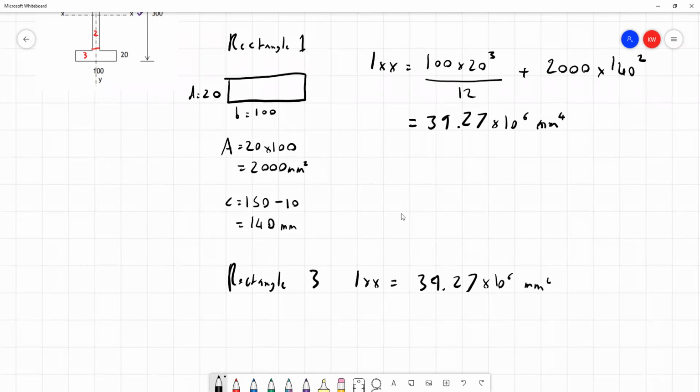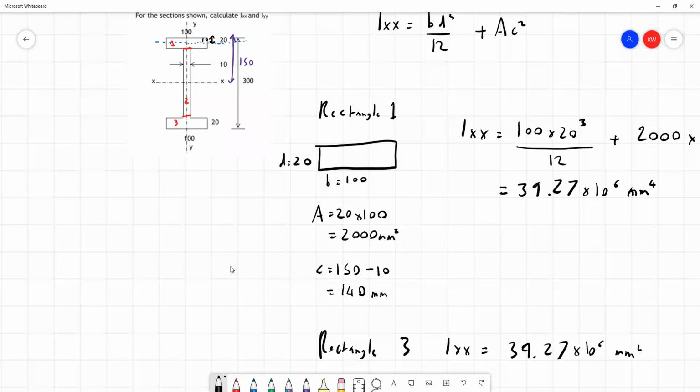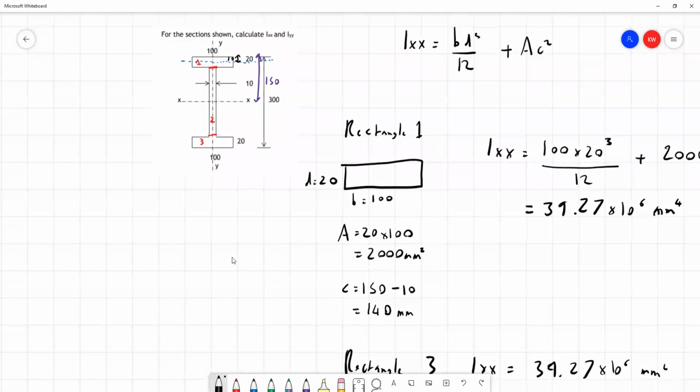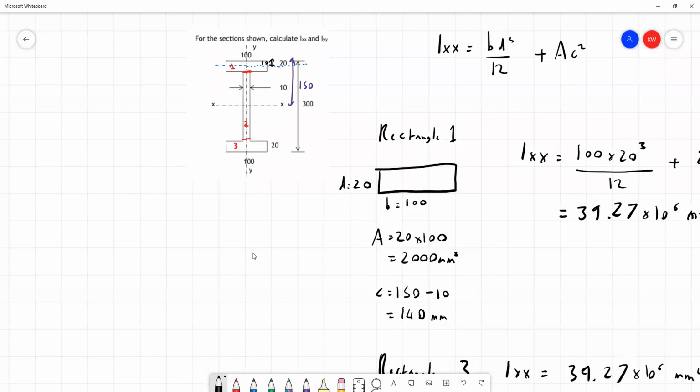Now why is this? Well, we can see immediately that the values for D and B are the same. It's a depth of 20 and a breadth of 100. Its area must also be the same because that's dependent on the depth and breadth. So the only other thing to consider is, is C the same?